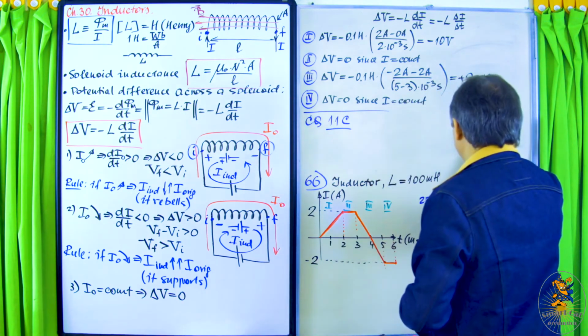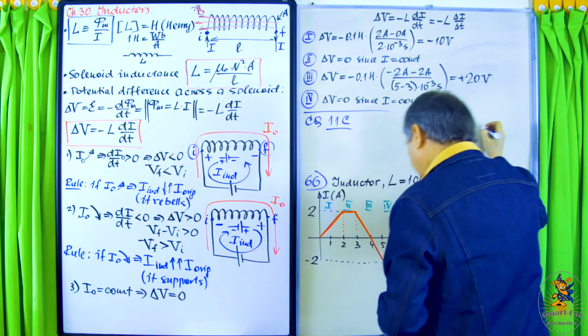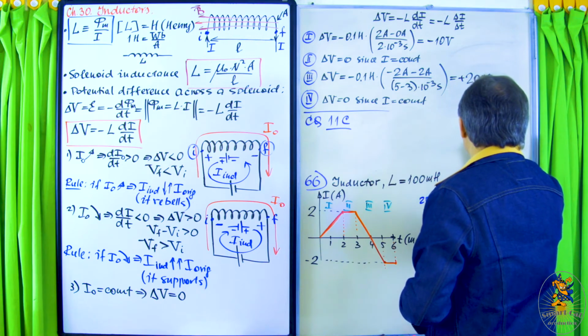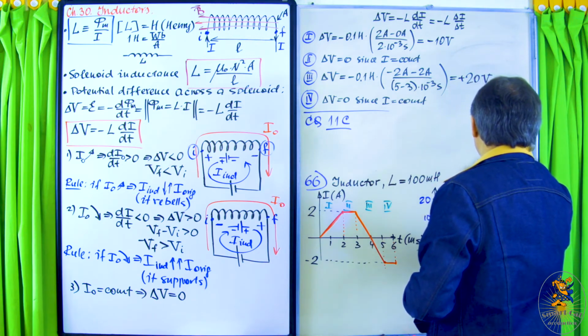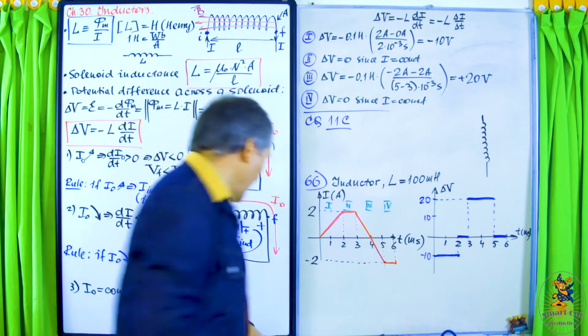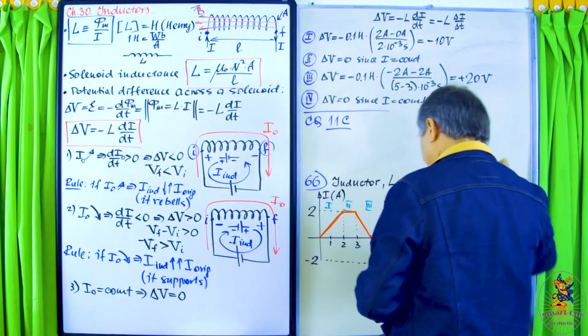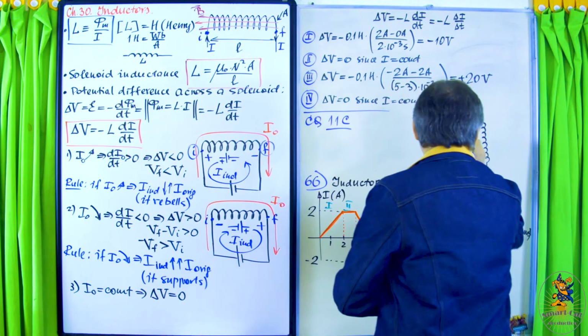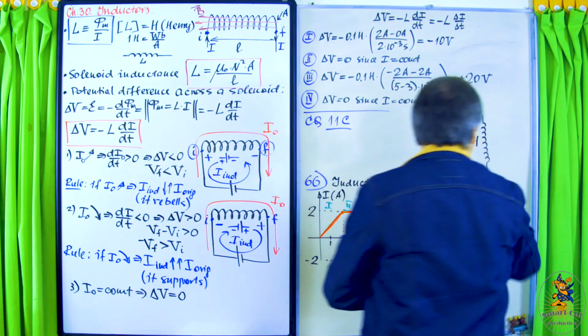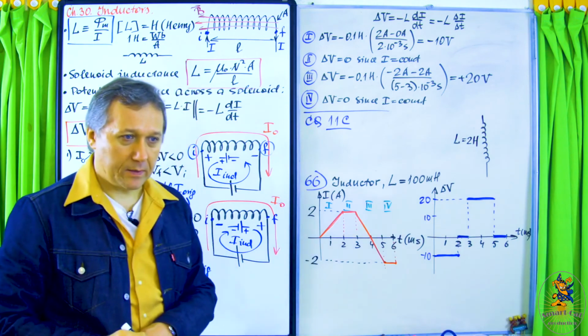So what is given? A solenoid is given. Inductance is given. So L equals 2 Henry inductance.